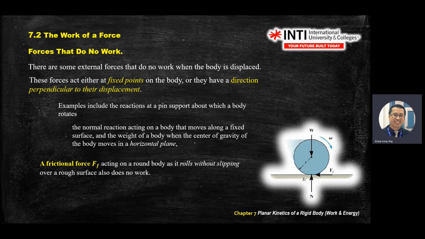The question purposely highlights without slipping. But in the free body diagram, you still need to include the friction force. I showed you already. Don't come and ask me, sir, why the friction force on the round body does not create work?